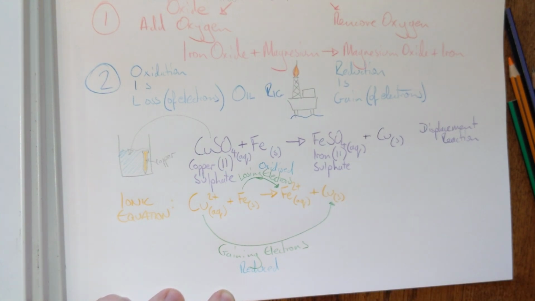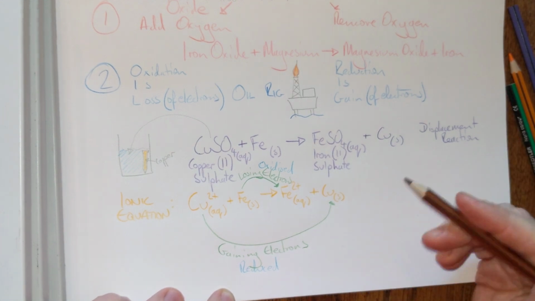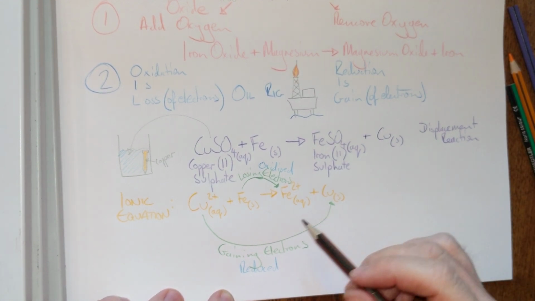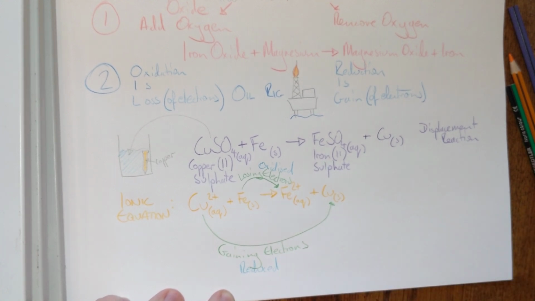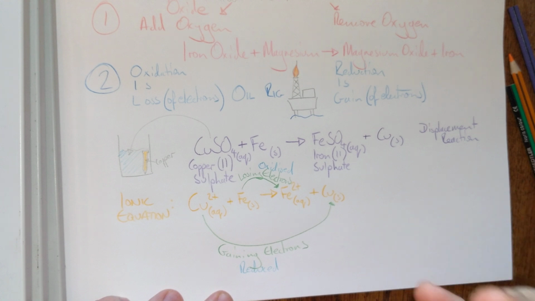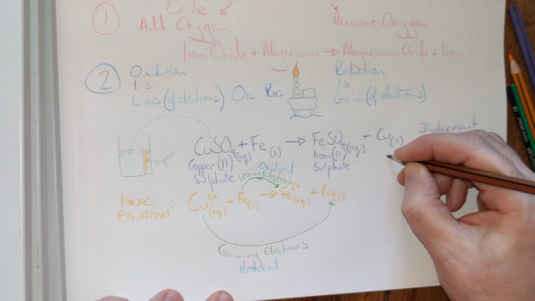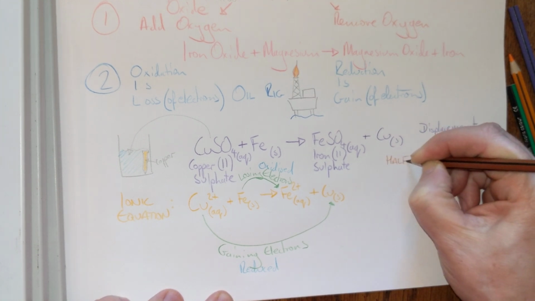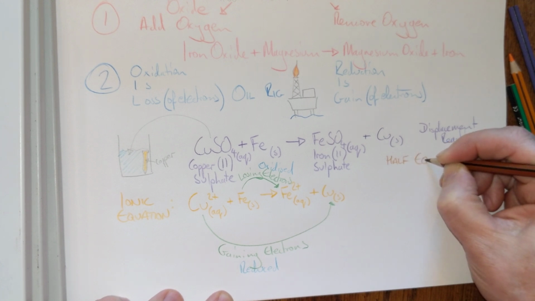We're going to take it one step further, and then I'm going to let you get on with some work. Well, not that this isn't work, but let you show what you understand. In this equation here, we're going to break this down into something called a half equation, which I'm going to do in this nice brown colour.